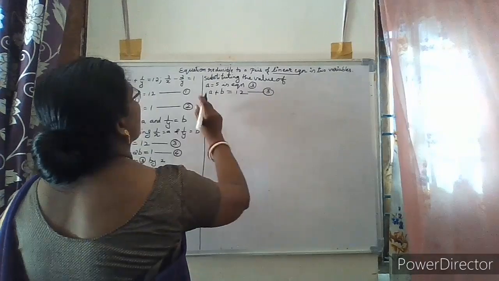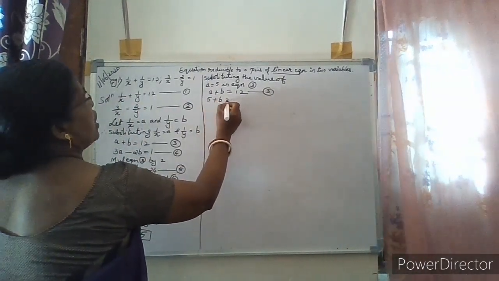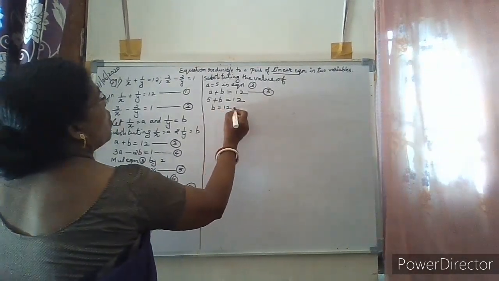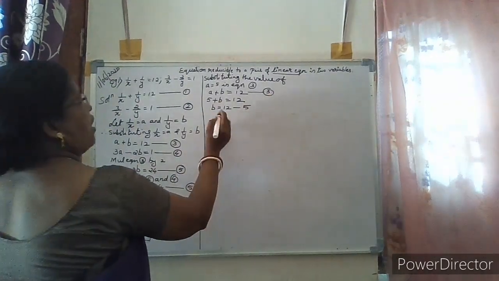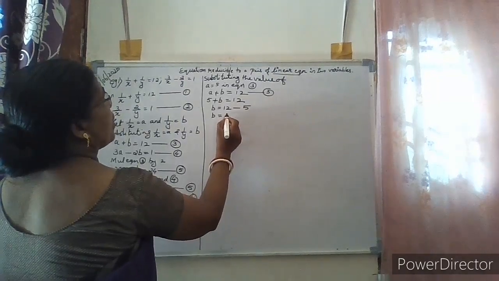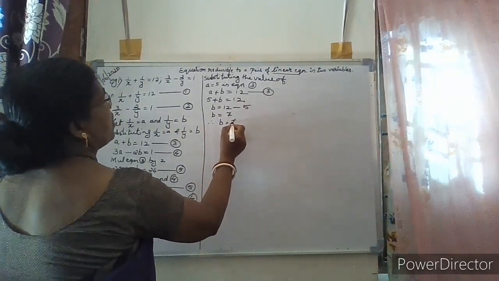A is equal to 5, so 5 plus b equal to 12. So b is equal to 12 minus 5 when it gets transferred to the other side, which is 7. Therefore we got the value of b.